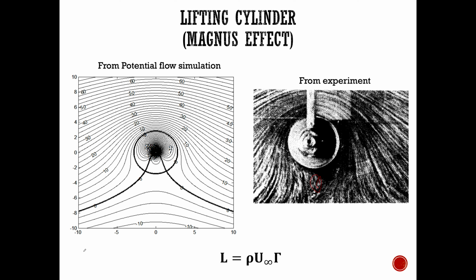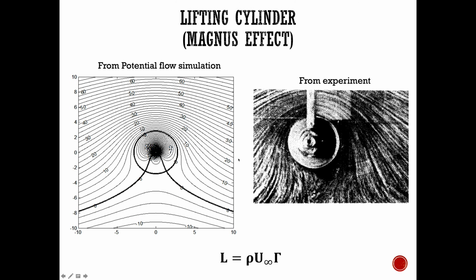That's powerful. That's pretty cool if you think about it, right? And the first time I did it, I was amazed that we can do this just by simple math, right? So this phenomenon of getting lift from rotation of a cylinder is what's called the Magnus effect.